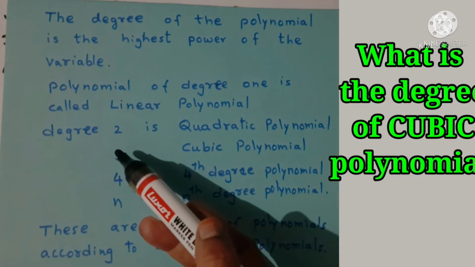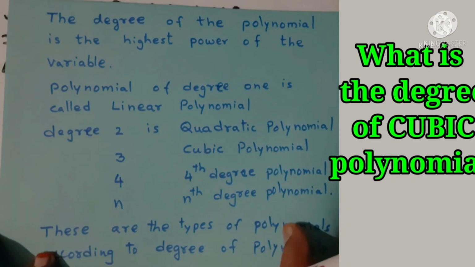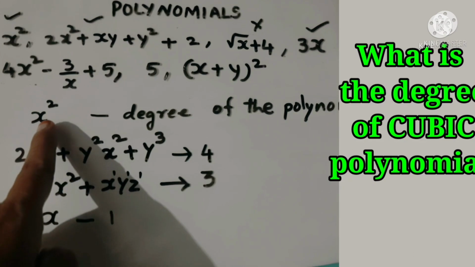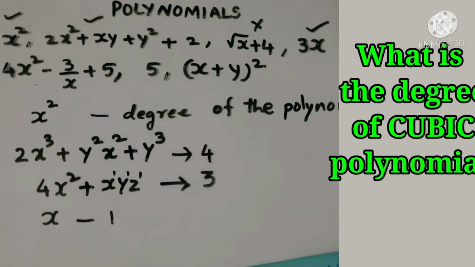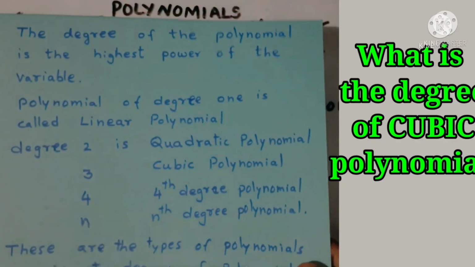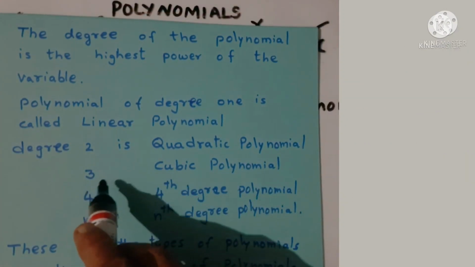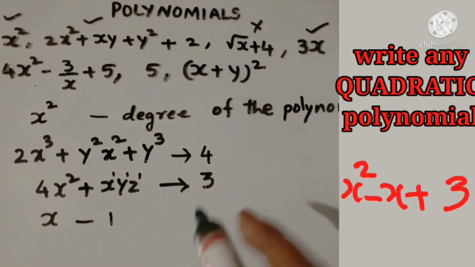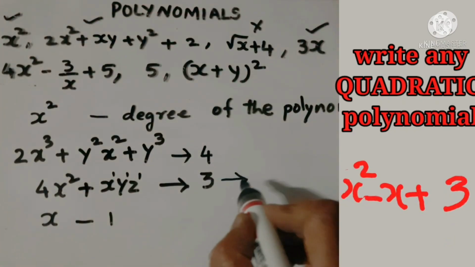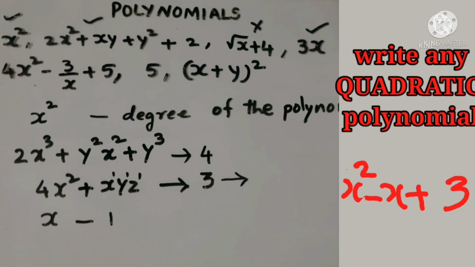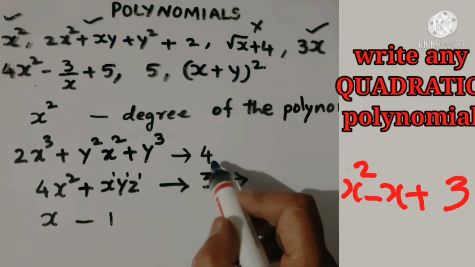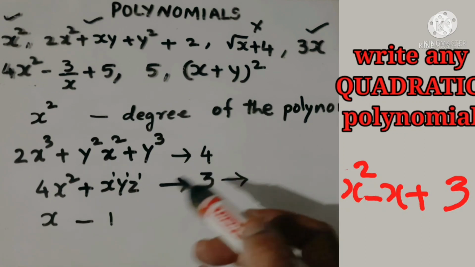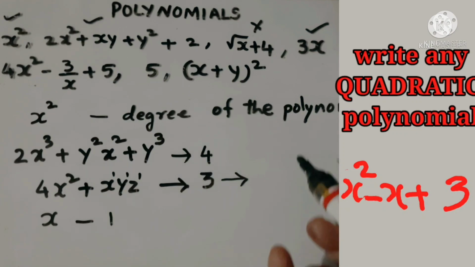If the degree is 2, then it is called a quadratic polynomial. If the degree is 3, then it is called a cubic polynomial. Here we have fourth degree, so this is called a fourth degree polynomial, and so on.